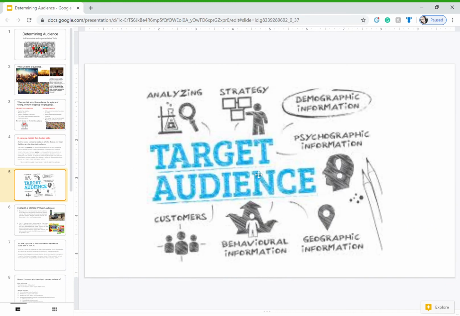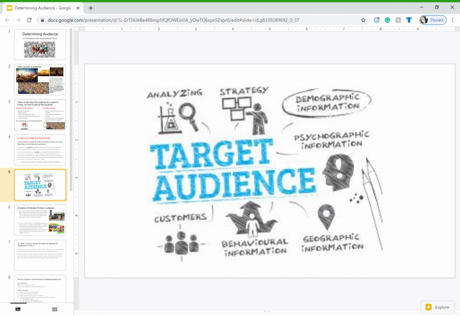Another way you can think of a target audience is if you think about it in terms of commercials or concerts, all right? If we have a rock concert, you're probably going to go to a rock concert if you like the genre or like the bands playing. If you are there for either of those two reasons, you are the intended audience member.